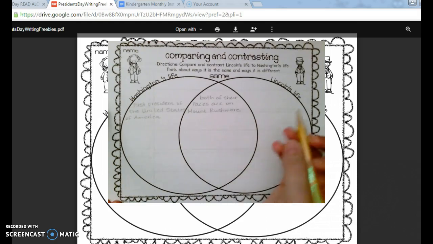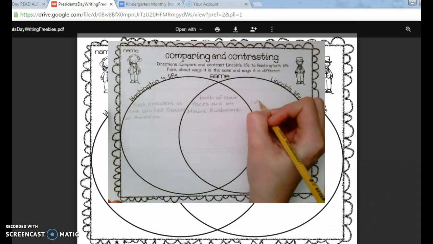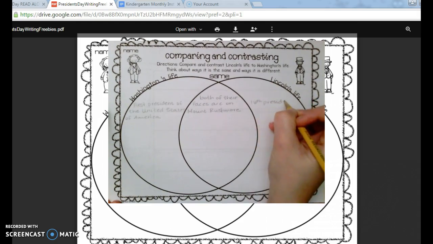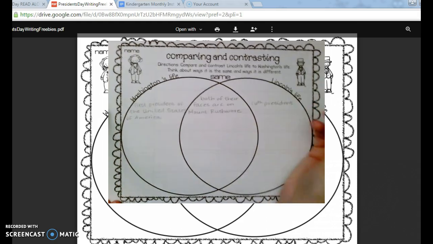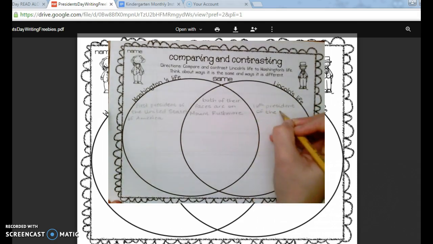Now, Abraham Lincoln was different because he was the 16th president. So over here, I'm writing 16th president of the, and I'm going to abbreviate, USA.